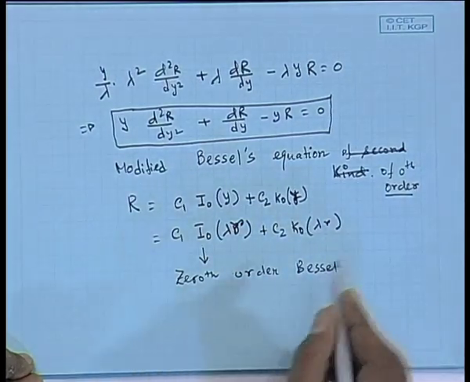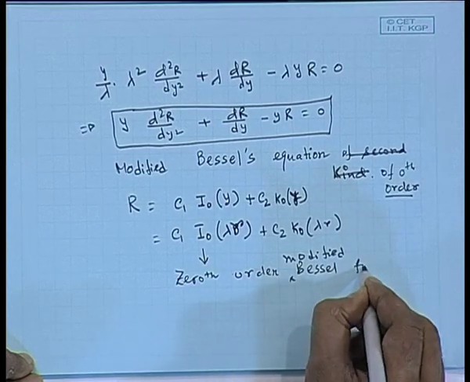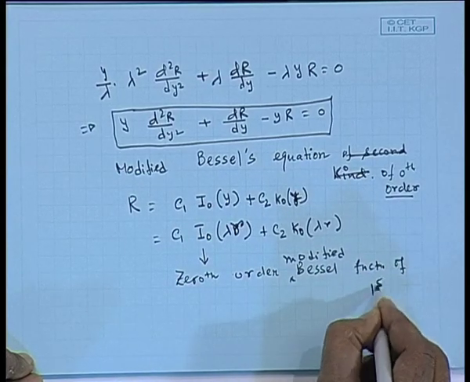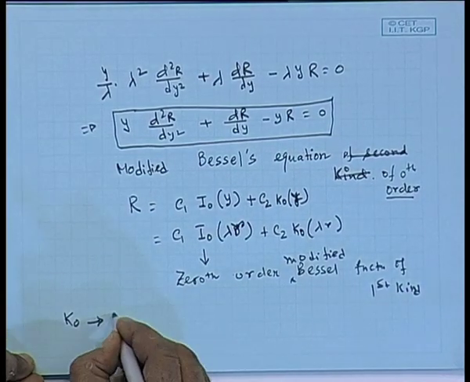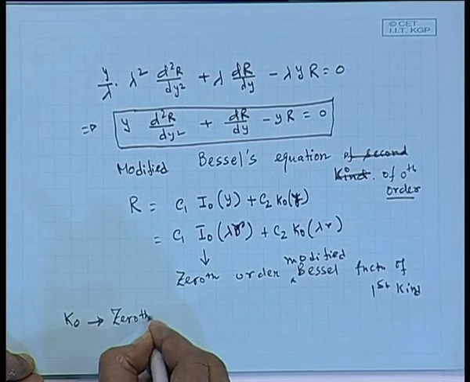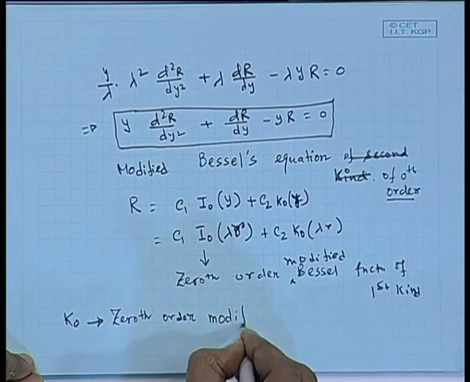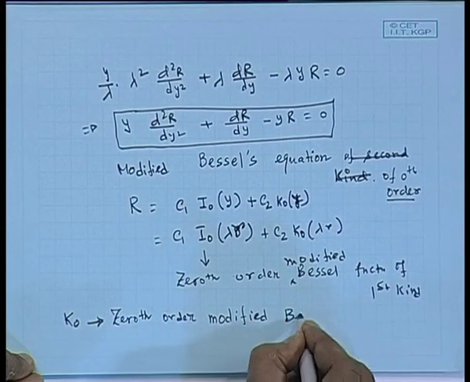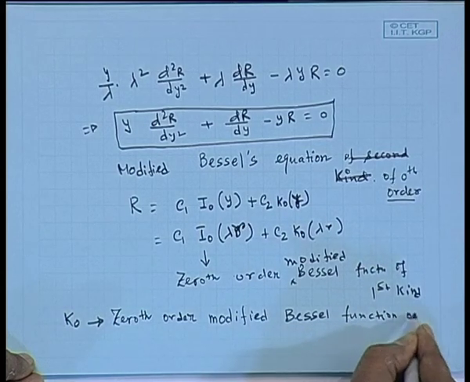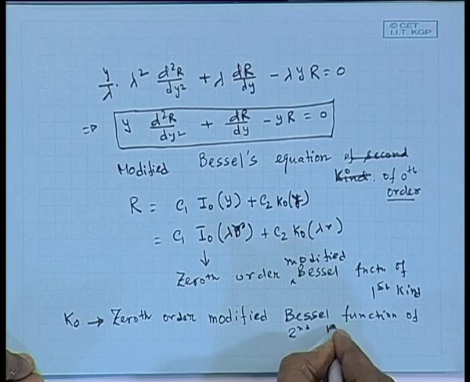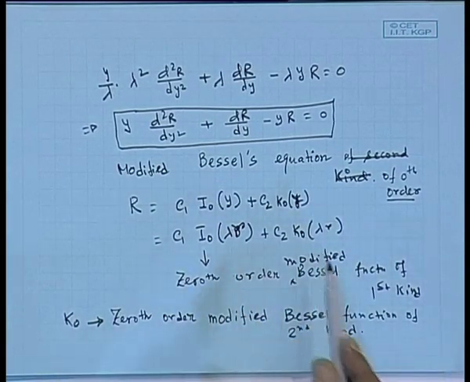This is the 0th order modified Bessel function of first kind, I0, and K0 is known as the 0th order modified Bessel function of second kind. Okay. Now, these are basically some functions.